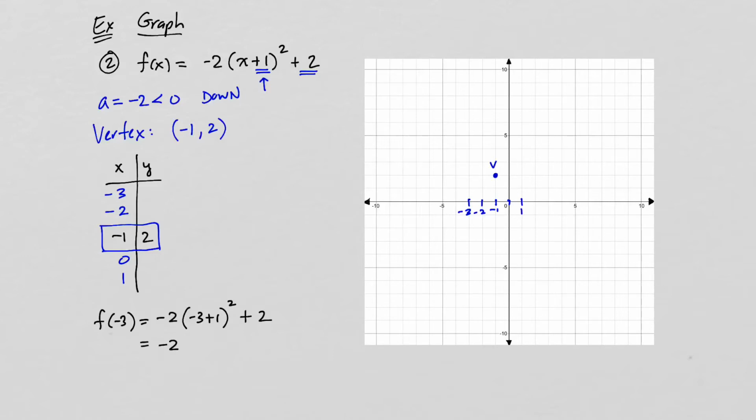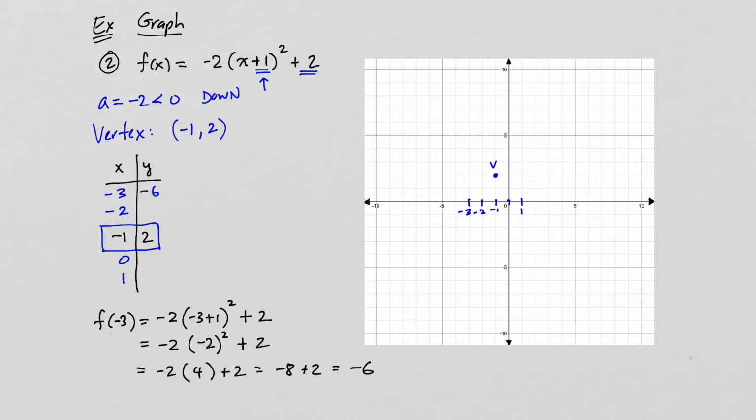This is -2 times the quantity -2 squared, plus 2. Lots of 2's here. This is -2 times, -2 squared is 4, plus 2, and this is -8 plus 2, which is -6. So when we plug in -3 for x, we get y equals -6. Okay?